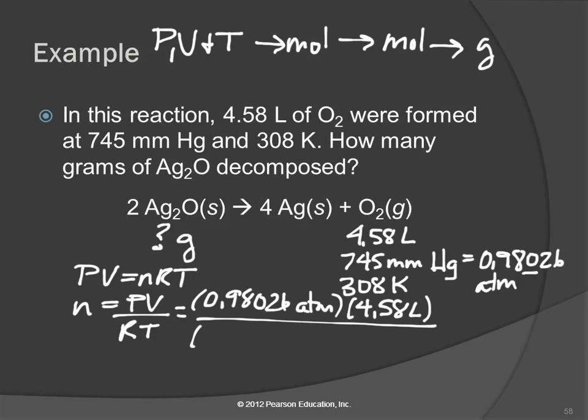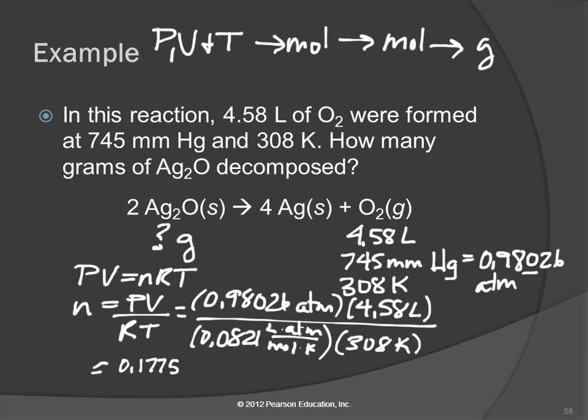Dividing by R, 0.0821 liter atmospheres per mole Kelvin times the temperature of 308 Kelvin. 0.98026 times 4.58 divided by 0.0821 divided by 308 gives 0.17755.